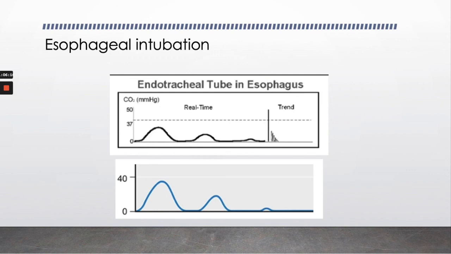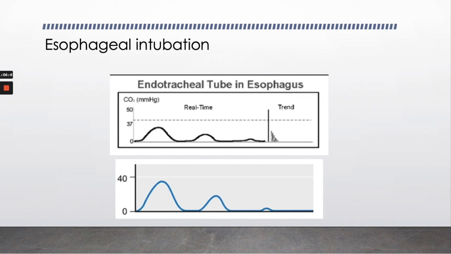So you think, yeah, I'm in there, but it's not, because it's usually from when you were breathing for the patient while the muscle relaxant or the propofol was kicking in. Some of that gas and some of that CO2 ended up going into the esophagus, down into the stomach, and got trapped. So when you intubated the esophagus, that first big rise of CO2 is just trapped CO2 that's in the stomach or the esophagus.